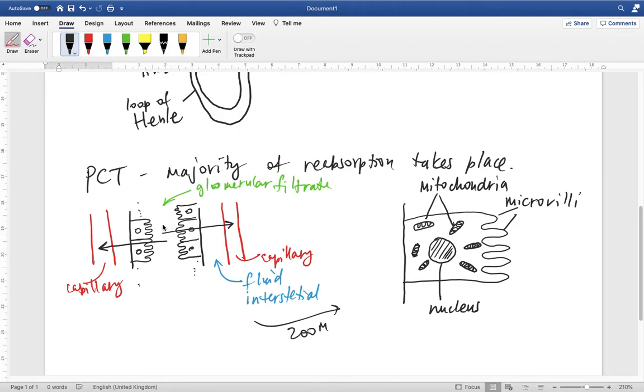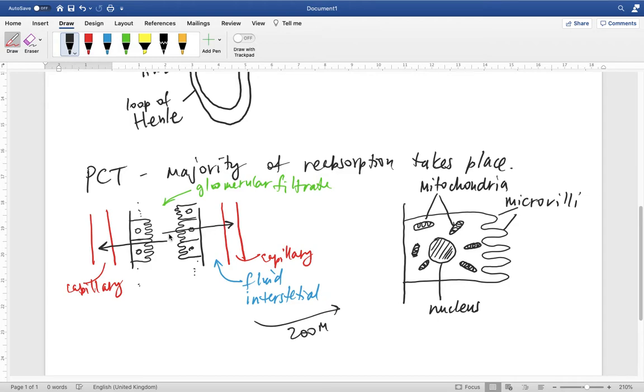Again, you need to think back to the cell biology assignment and think about the mechanisms by which substances are transported across membranes, because that's what I'm doing. I'm transporting substances across those membranes into the cell, then across a membrane into the interstitial space, then across another membrane into the capillary.